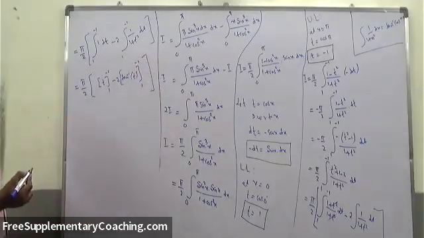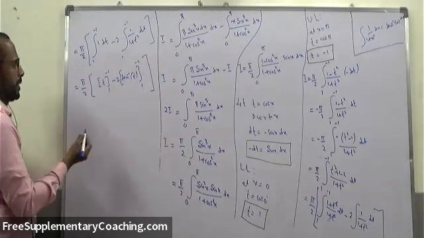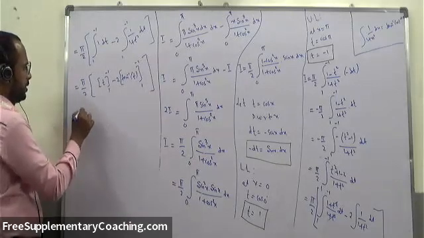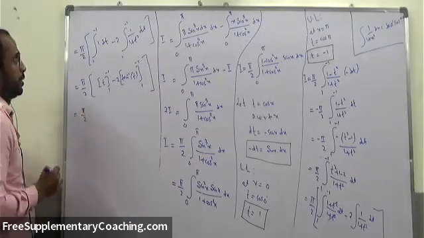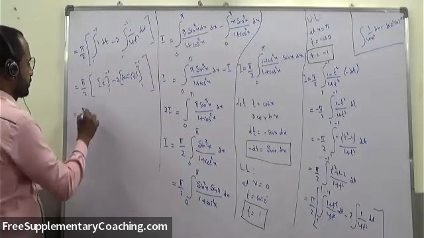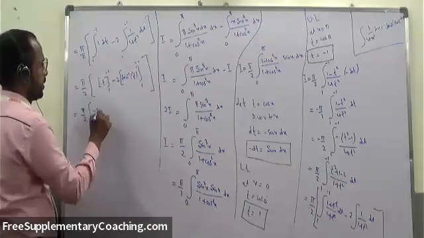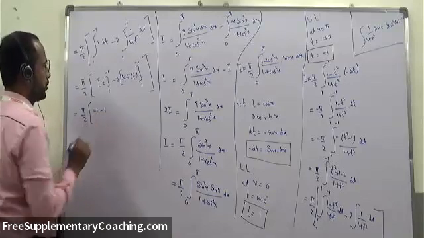Brackets are very, very important. So now apply the limits. What we are getting? Pi by 2, upper limit minus lower limit.